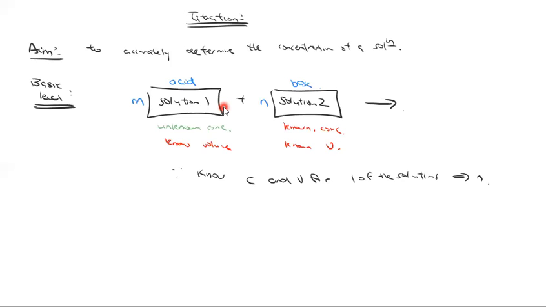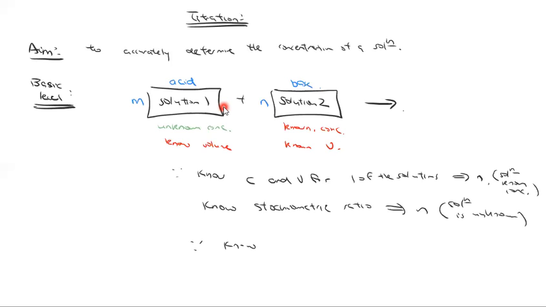And because you know the stoichiometric ratios, you then know the number of moles of the solution that is known concentration. You can then get the number of moles for the solution that is unknown. And because you know the volume, you can therefore calculate the concentration using n over V. That's basically it, right?